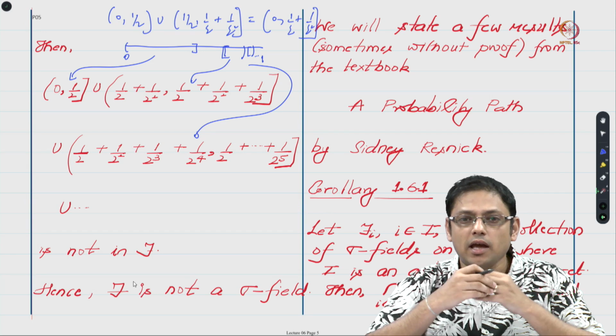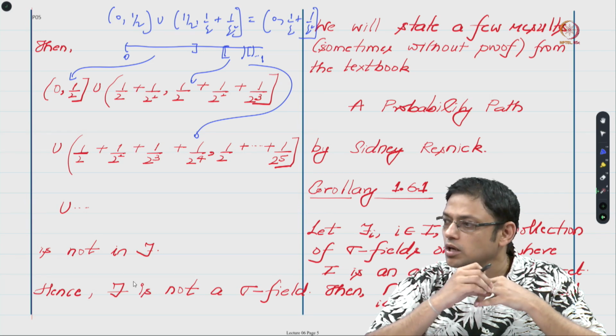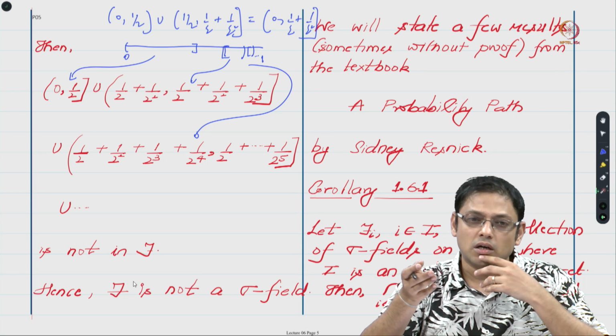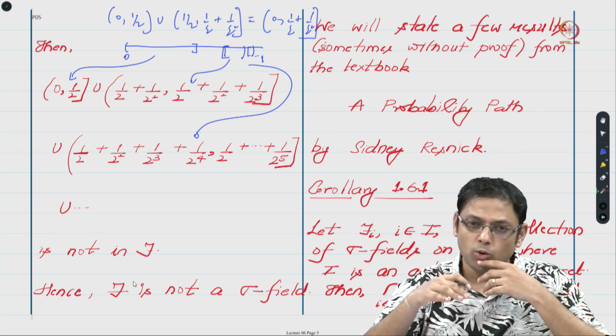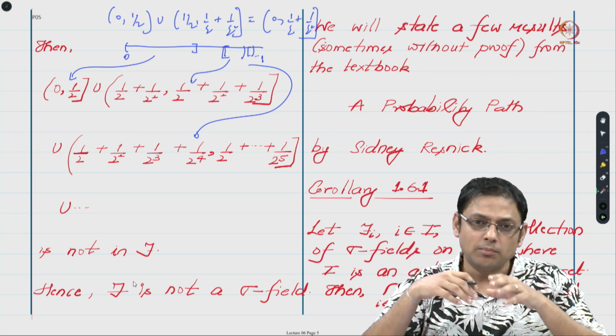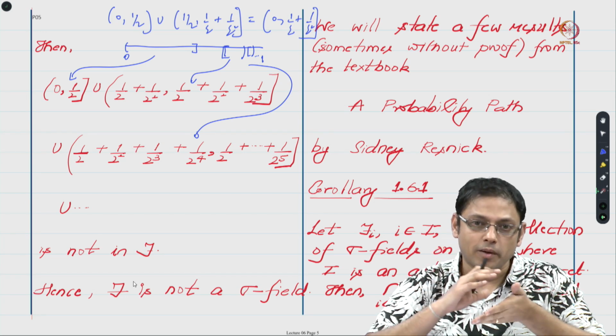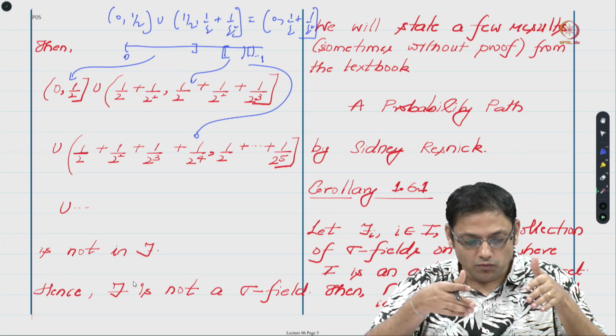So I hope you now get a good understanding of what a sigma field is and what is not a sigma field. Okay, now in order to talk about conditional probability, we first need to talk about expectations and probabilities, and in order to talk about probabilities, we need to talk about probability spaces, and in order to talk about probability spaces we need this concept of the sigma field.